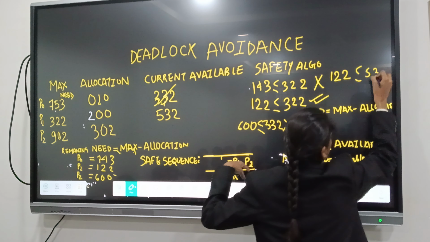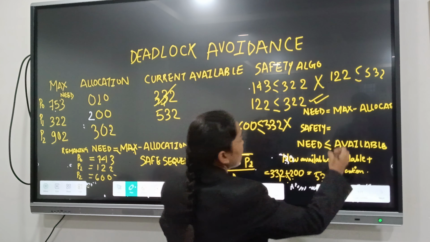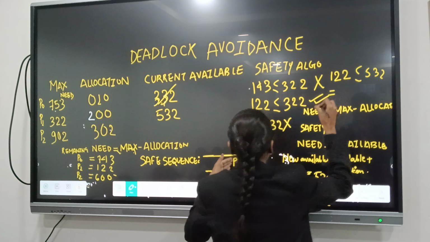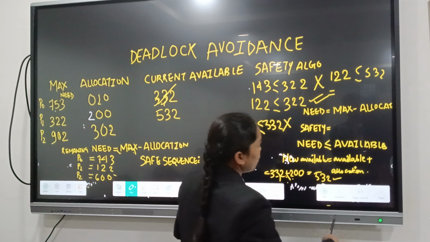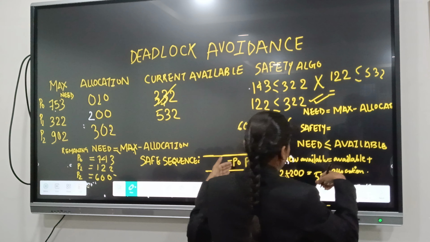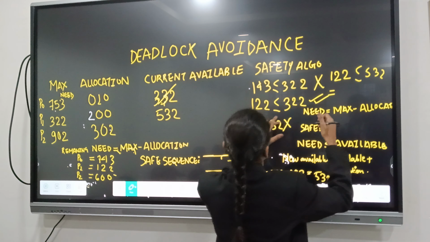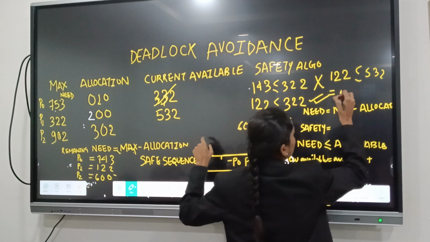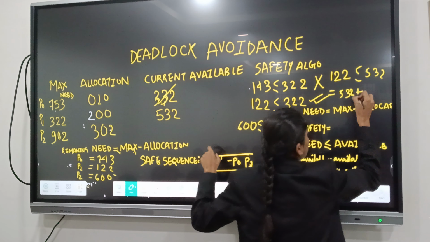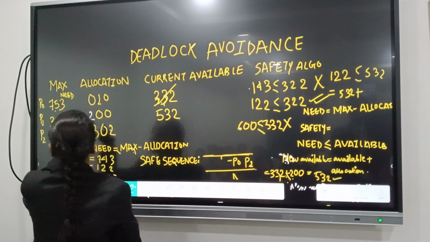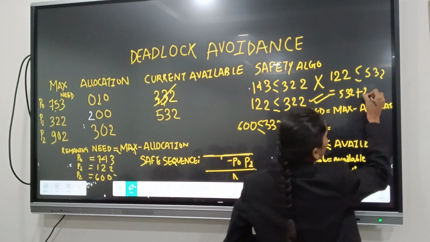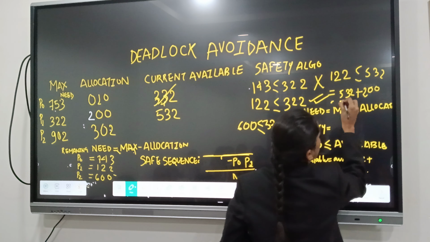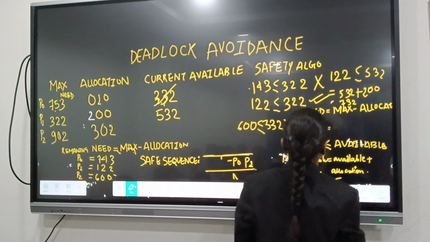This condition is satisfied here. So process P0 will be here, and for process P0 we calculate the new available. The new available will be the available, which is 532, plus its allocation. The allocation of process P1 is 200. So it will be 732.